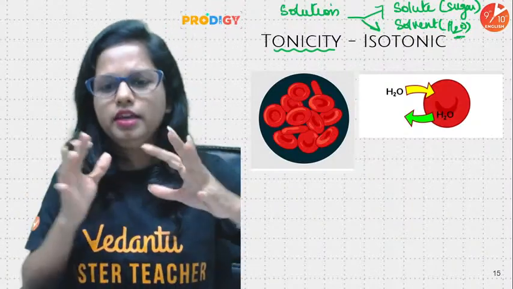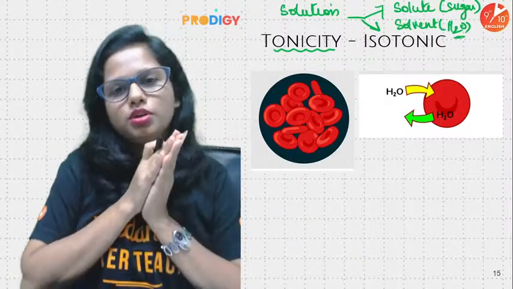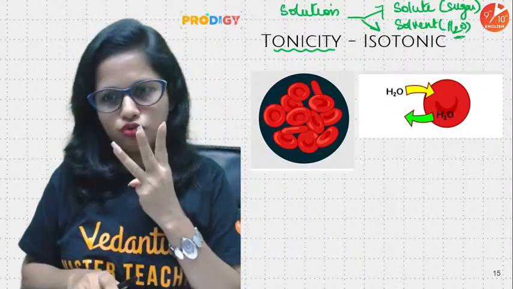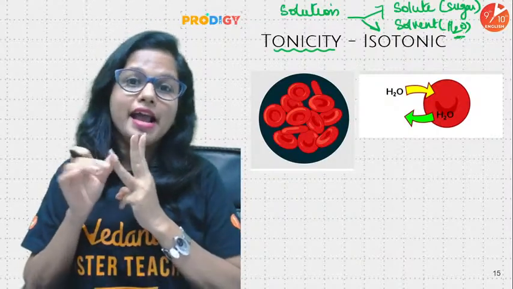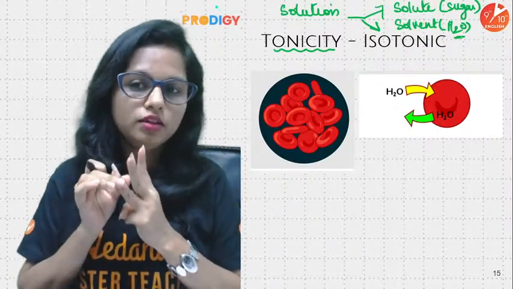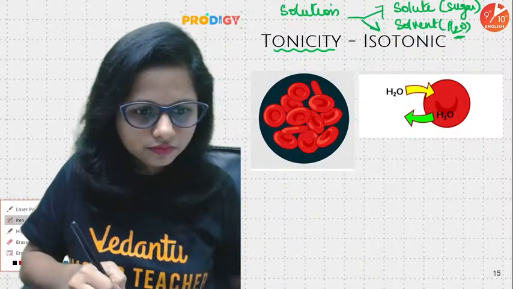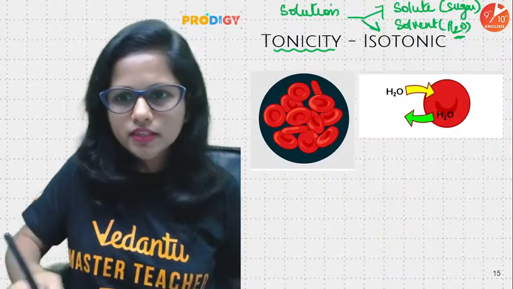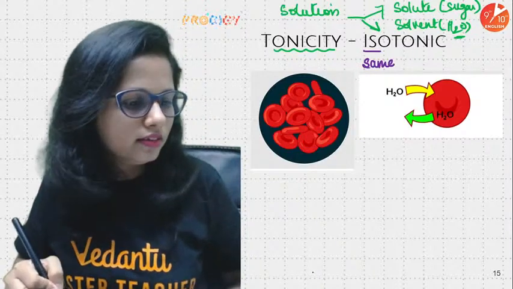So based on the tonicity, there are three types of solution: isotonic, hypotonic and hypertonic. So people, iso means same.